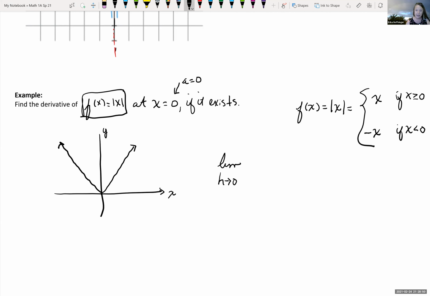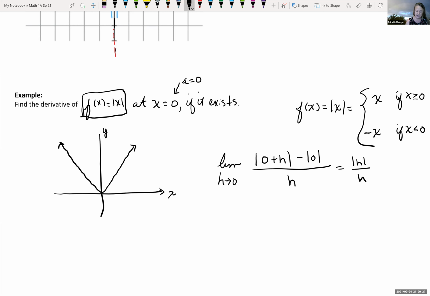So when we plug in f of a plus h into this function, wherever we see an x, we have the absolute value of 0 plus h, minus f of a, so f of 0, all over h. And so if we look at this, we get the limit as h approaches 0. This is equal to the absolute value of h all over h.